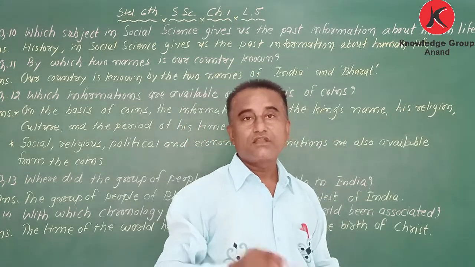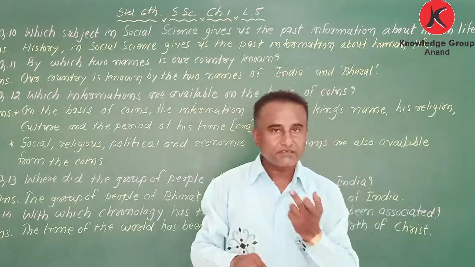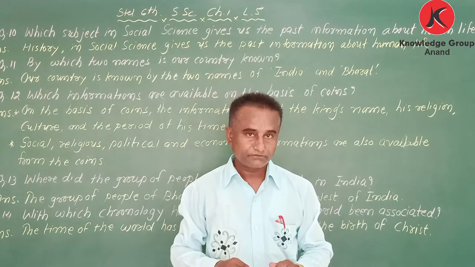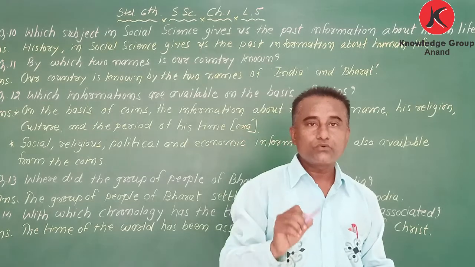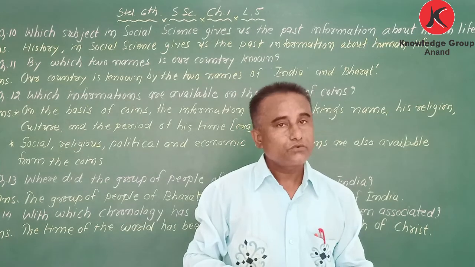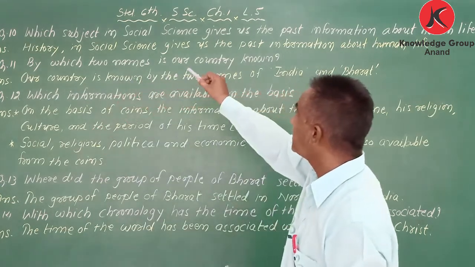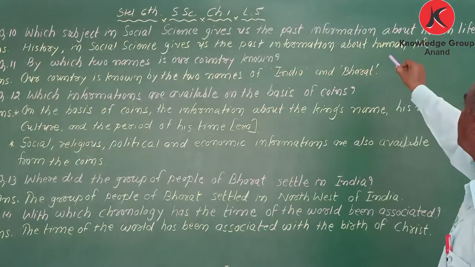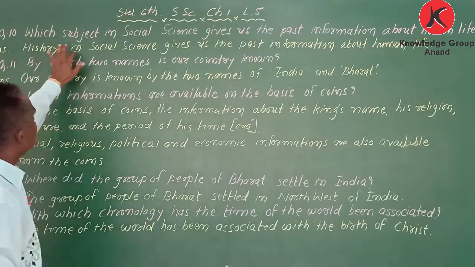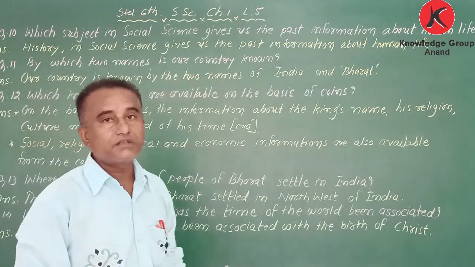My dear student, if you want to know about the present, today's time, it is necessary to have the knowledge of the past. So the answer is here: history in social science gives us the past information about human life.